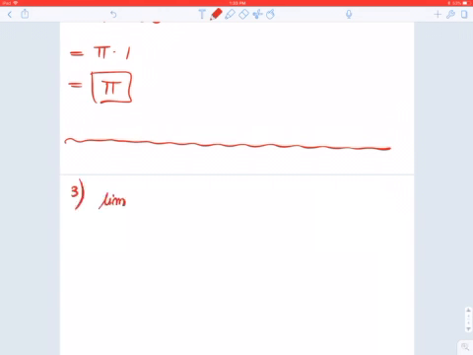Example number 3. Limit as x goes to positive infinity of e to the power of x minus e to the negative x over x squared. First of all, I see the function e to the x on the top and the function x squared. We know that the exponential function grows much, much faster.